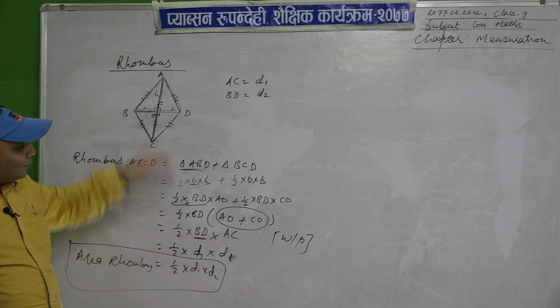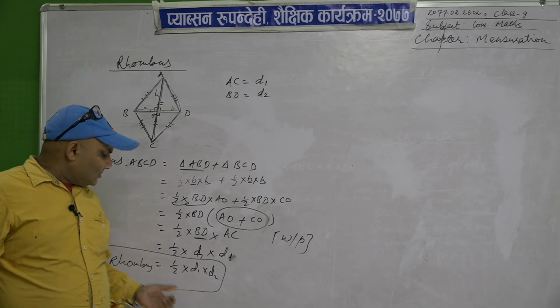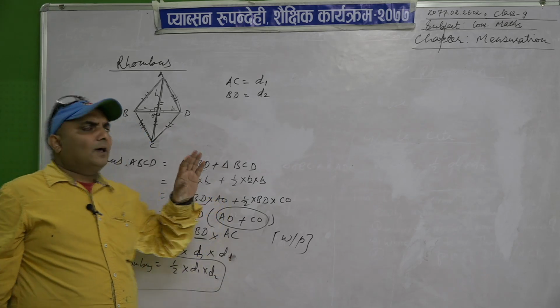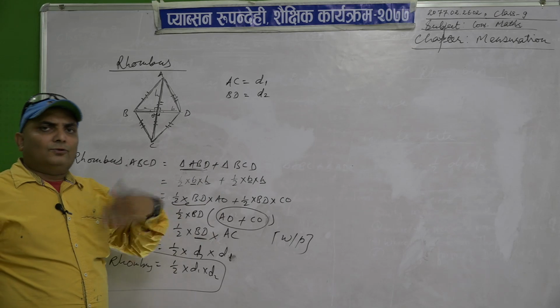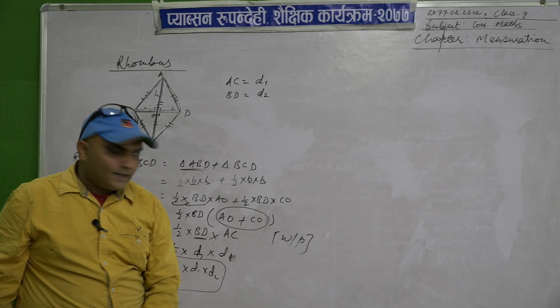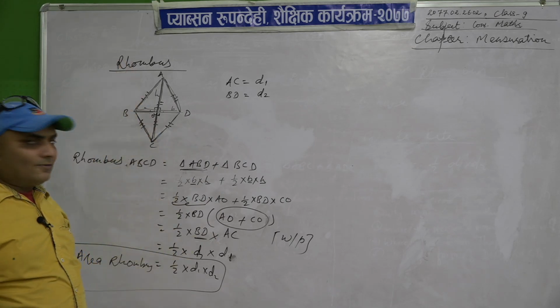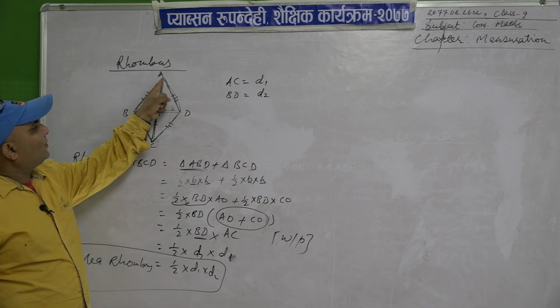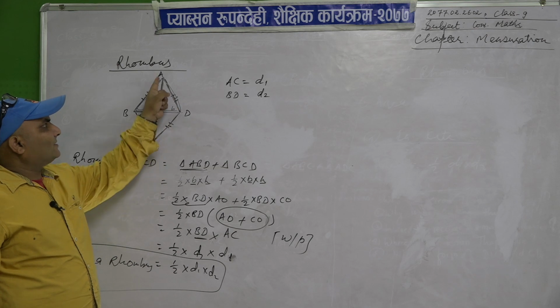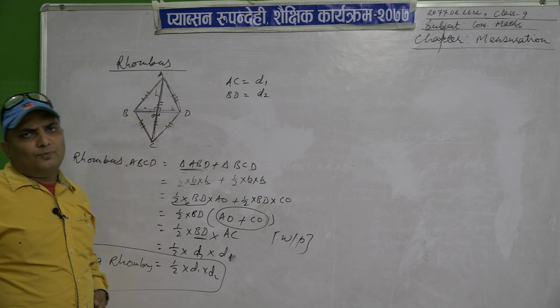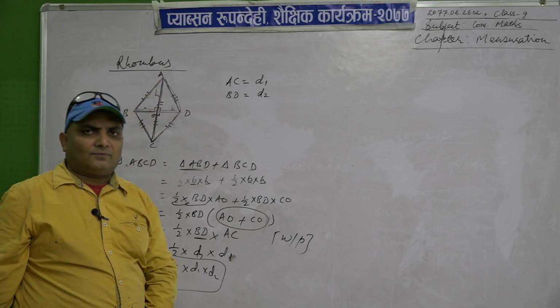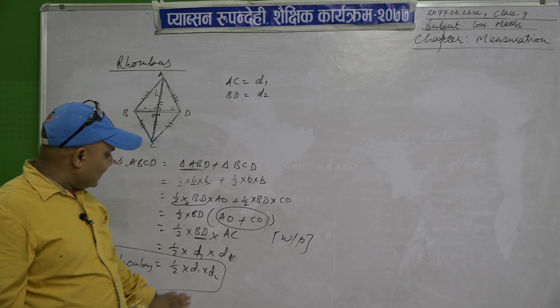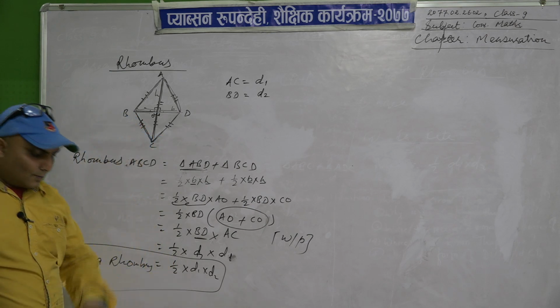So, if you know the process, suppose you have forgotten the formula, you can derive the formula yourself. Okay. So, this is about the area of rhombus, and to find the perimeter, it is very easy: we add all four sides, or all four boundaries, and we will get the perimeter of the rhombus.